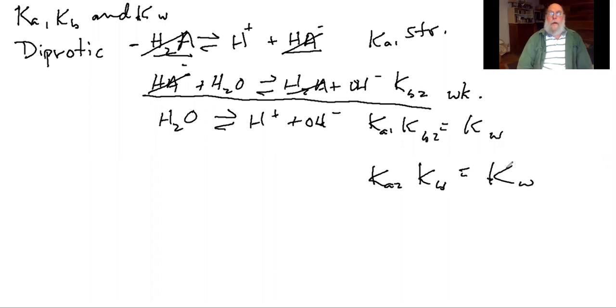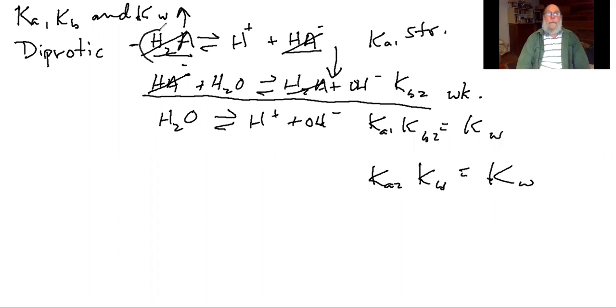So it's a little bit tricky until you think it through. So we've got our stronger acid going up in this direction, and we've got our stronger bases going down in this direction.